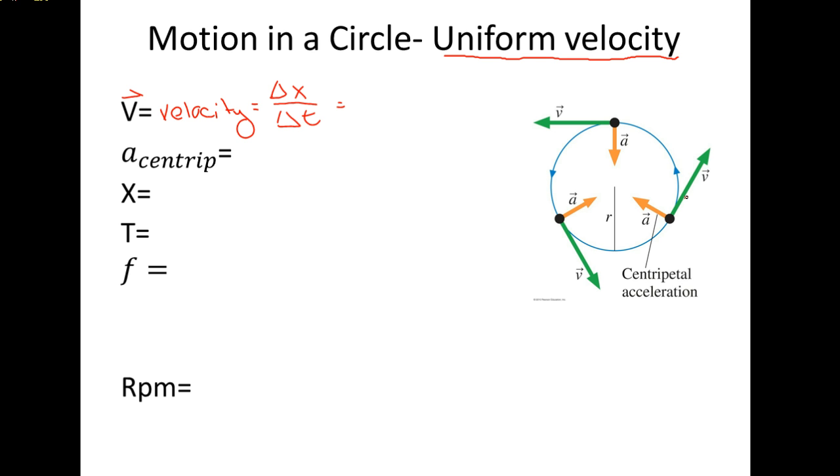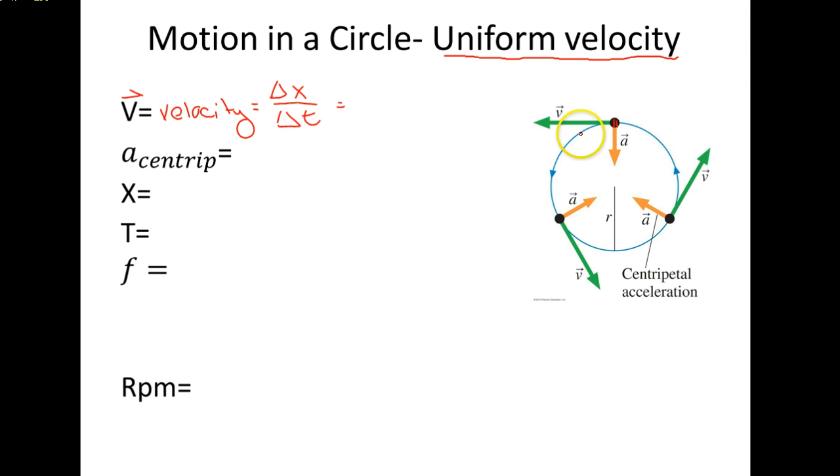And so what we're going to have to do is we're going to call delta x, or the displacement, the amount of displacement, I guess, or distance traveled from the top of the circle all the way around and back to the top for completing one revolution.